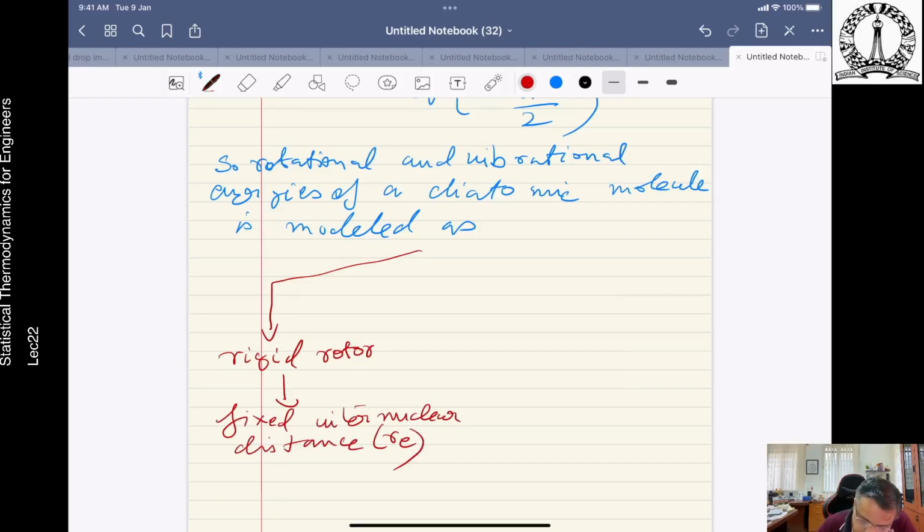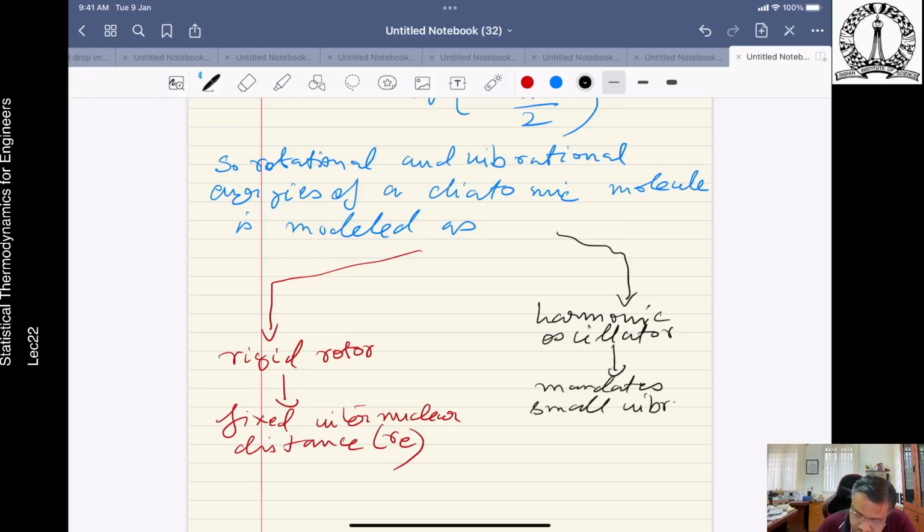And on the other side, you have the harmonic oscillator, which mandates small vibration around RE.